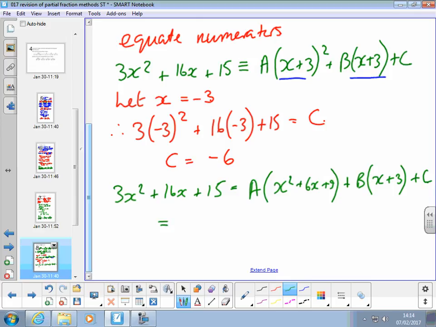Then that's equal to Ax² + 6Ax + 9A + Bx + 3B + C. So we're going to expand that out still further.